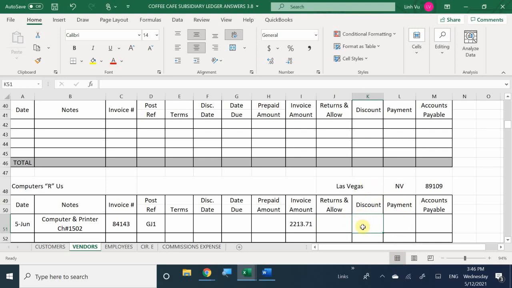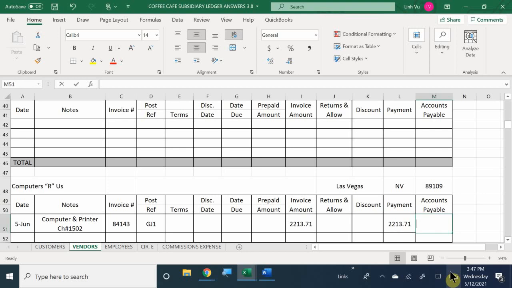Discounts, again, you purchase at time of the sale, right? You purchased it that day, so there is no discount that you can claim. And of course, did you pay for it? Yes, you did. You paid using check number 1502, so I paid it in full for the 2213.71.